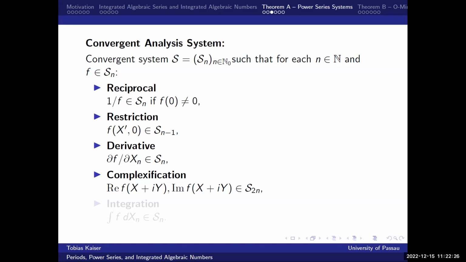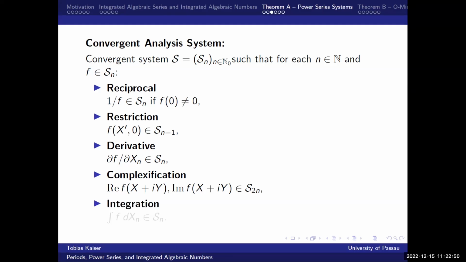So I can plug in complex variables. So I have now 2n real variables, x and y. Now I separate again. These are now real power series in 2n variables, and they should also be in my system.